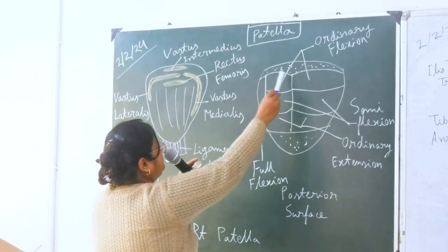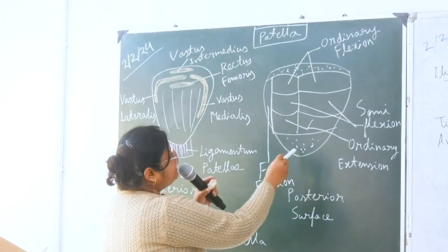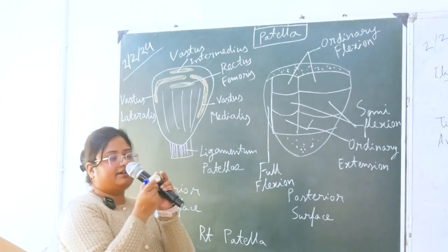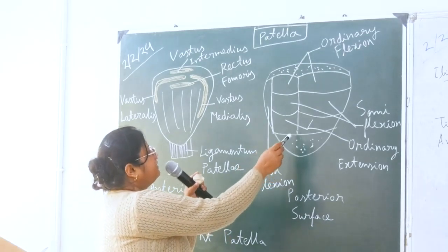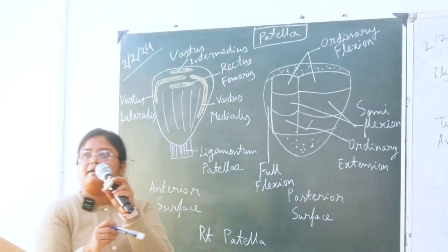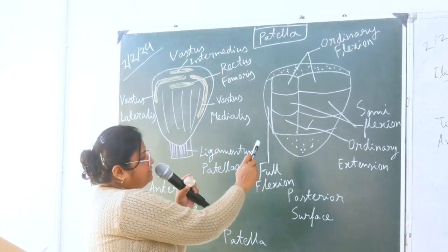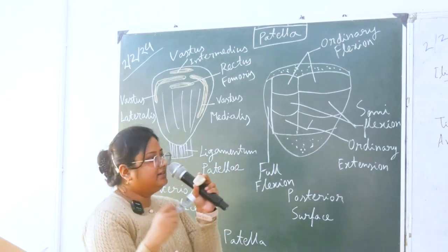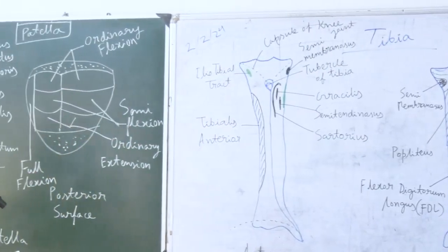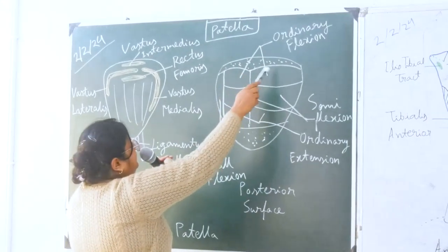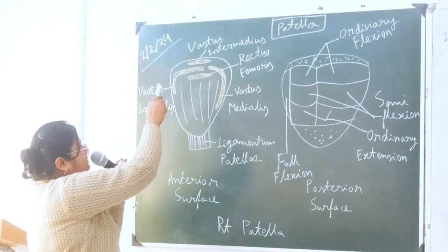In the posterior view, you can see this large articular area is present, and near the apex there is a rough area, which is for attachment of the ligamentum patellae. The other end of the ligamentum patellae is attached to the tibial tuberosity. This is the posterior surface. Here is the anterior surface.